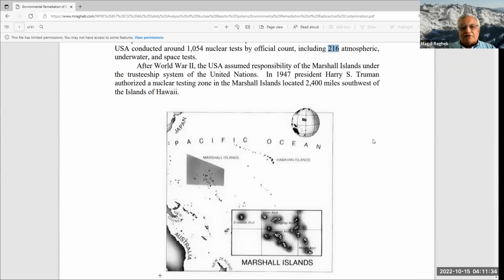It was discovered that in Europe, those isotopes concentrated themselves in populations of wild animals, deer in particular. And when people discovered that, the nuclear testing in the atmosphere was banned.